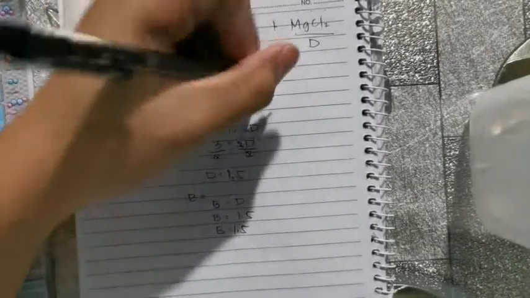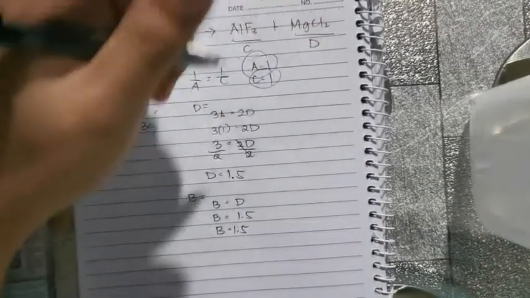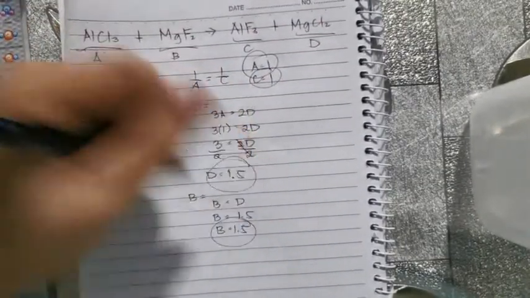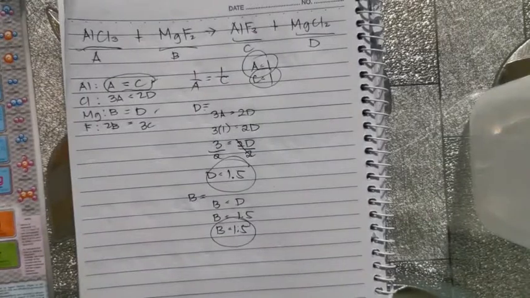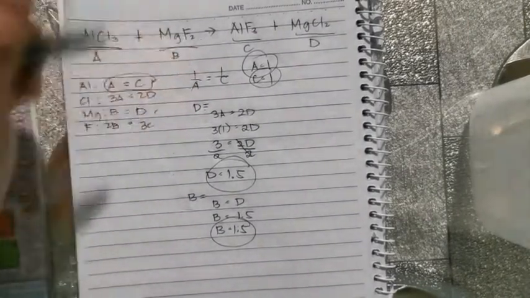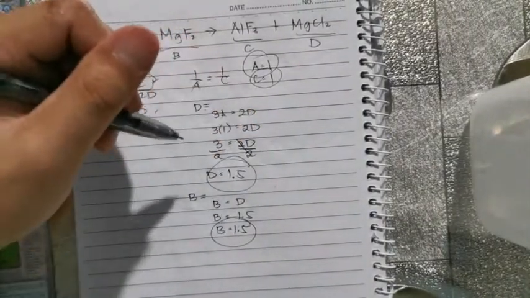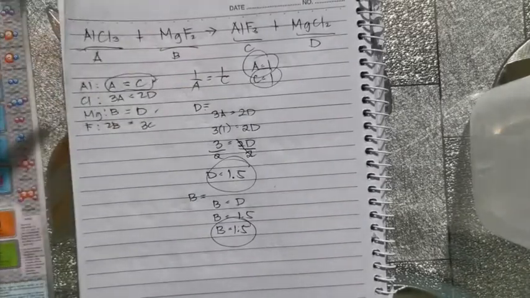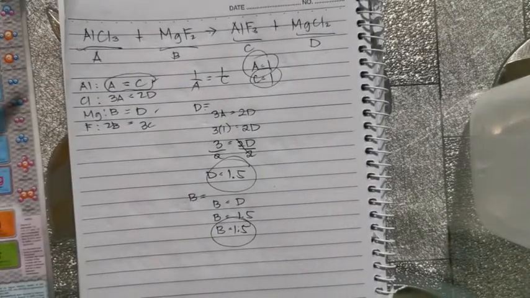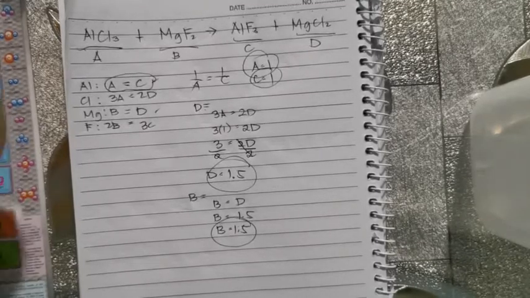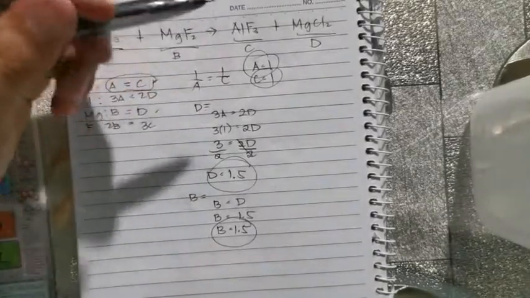So, nakuha na natin yung A, yung C, yung D, at yung B. Ngayon naman, this will be our coefficient. Yun nga lang kasi, hindi nga pwede na magkaroon tayo ng decimal place as a coefficient. So, we have to think of a number na pwedeng i-multiply sa lahat at lahat ay magiging whole number.